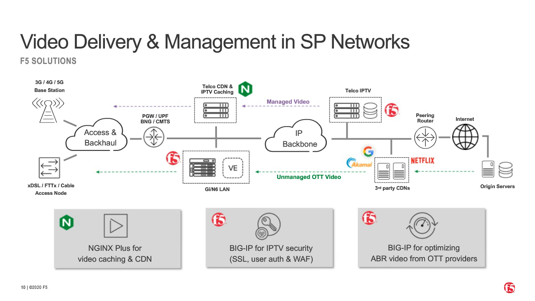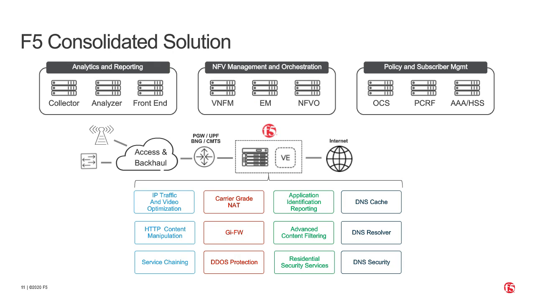In this context, F5 can do several things. We can provide different solutions on the Gi-LAN. As you can see, F5 can provide security with carrier-grade NAT and Gi firewall, and an advanced DNS solution, from cache and resolver up to DNS security, which means offering security services to subscribers using parental control, for example, or securing a DNS cache and resolver that is sitting on the edge.